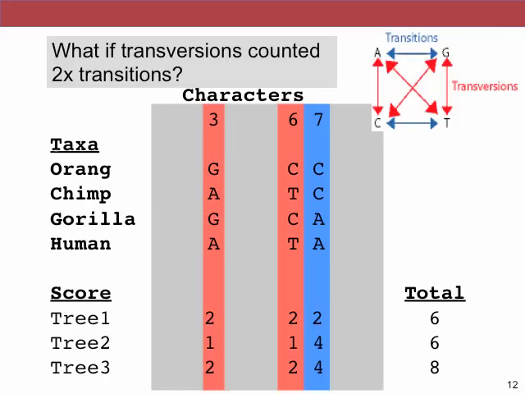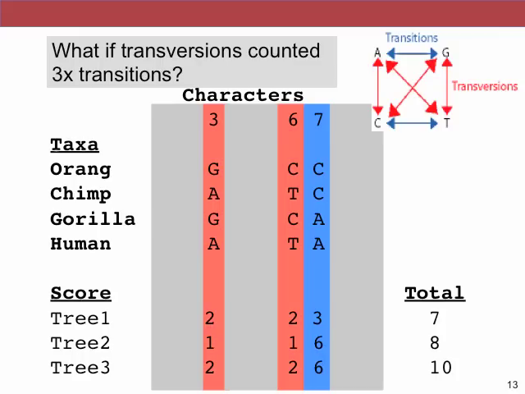So let's imagine maybe we want to count transversions twice as much as transitions. If we did that, we would have 2 points here and 4 for each of the other 2 trees, as opposed to 1 and 2. What this is doing basically is that tree number 1 required 1 transversion event.